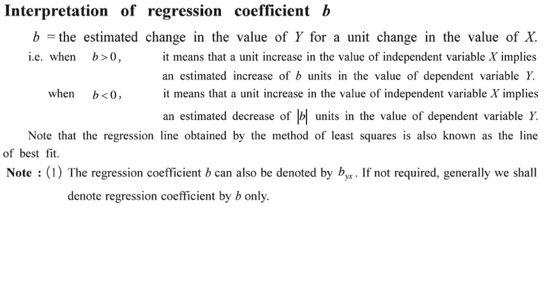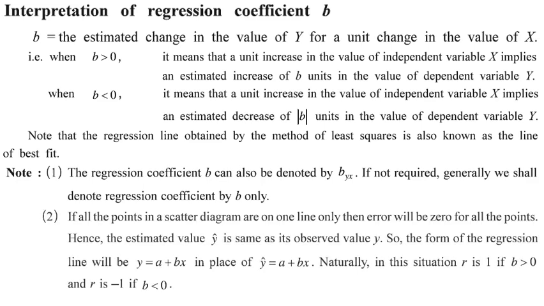The note here is that usually b is written, but it is b y x, that is b for the regression line of y on x. We always find the regression line of y on x. There is a regression line of x on y, but not at your level. So you are only going to calculate y on x, that means b y x, so we will ignore the suffix and just write b.